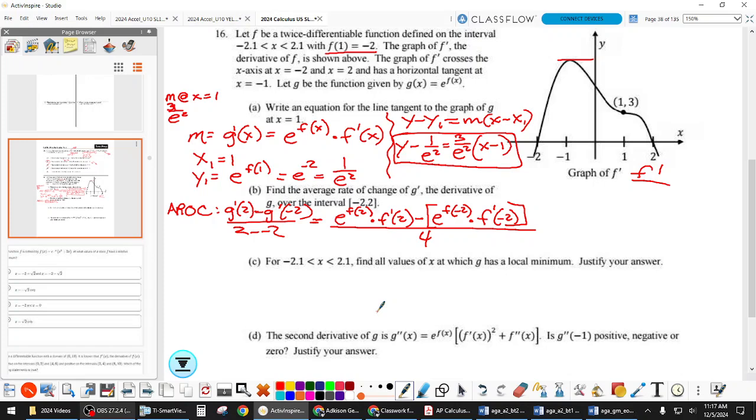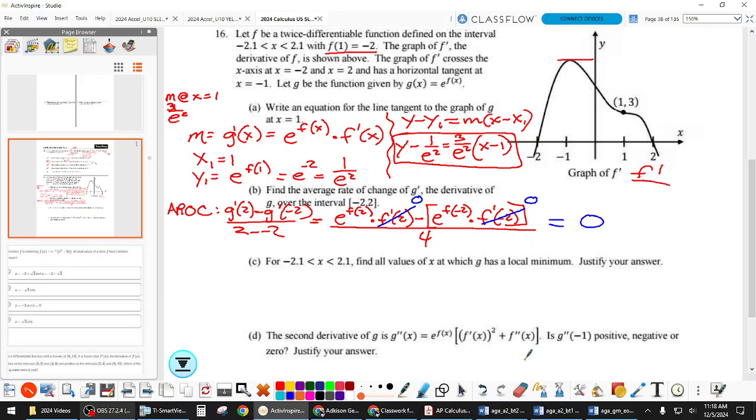At least I think so. Because, number one, we don't have f of 2. So when you don't have it, look deeper. What is f prime of 2? It's 0. f prime of negative 2 is also 0. So that kind of saves the day, because it all becomes just 0. Okay? Good on that one?